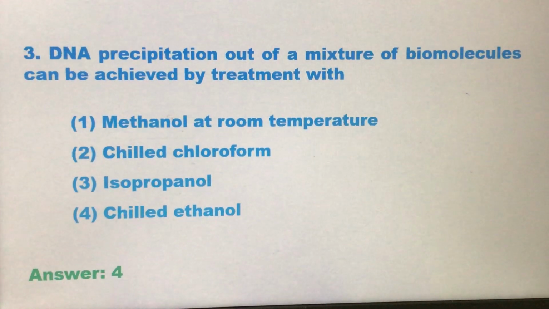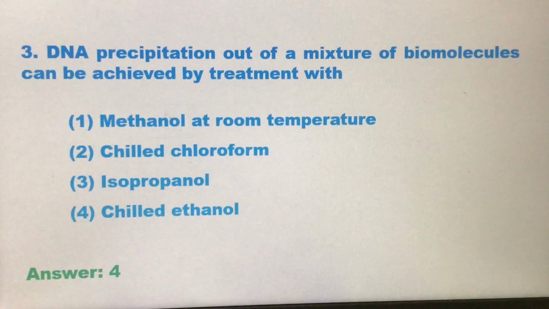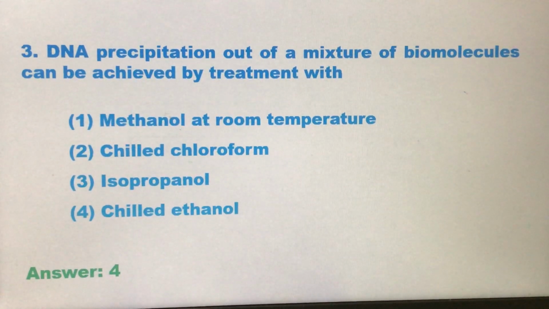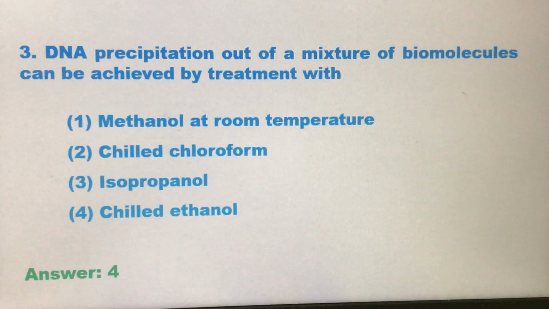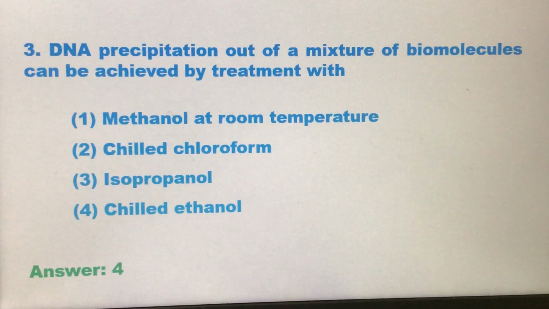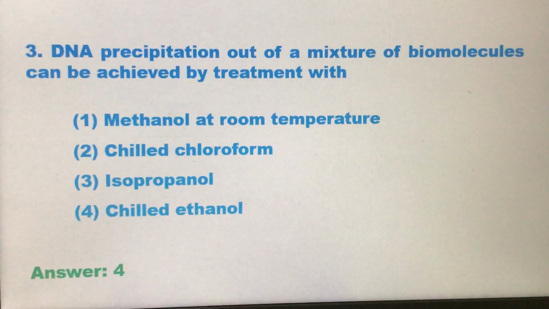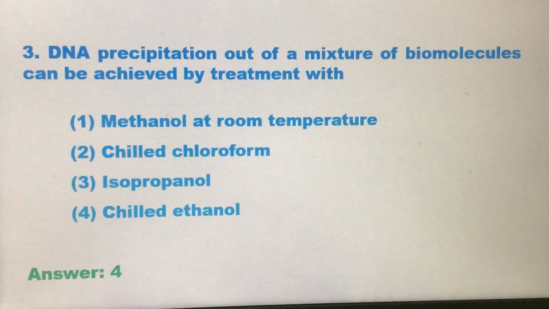So the ethanol helps in preventing the formation of the hydration shell around the phosphate molecule and helps in attraction to the sodium ion, and thus helps in precipitation of the DNA out of the solution.